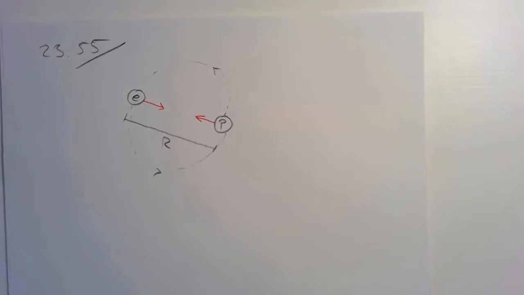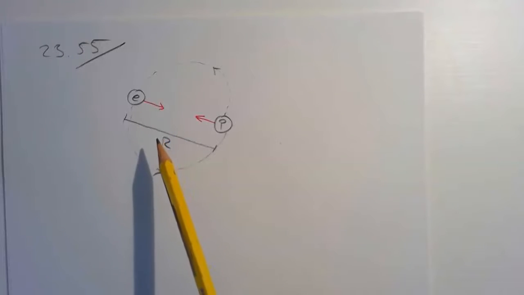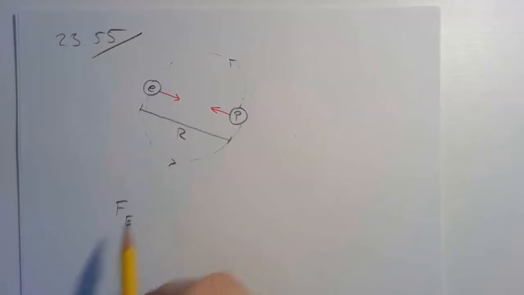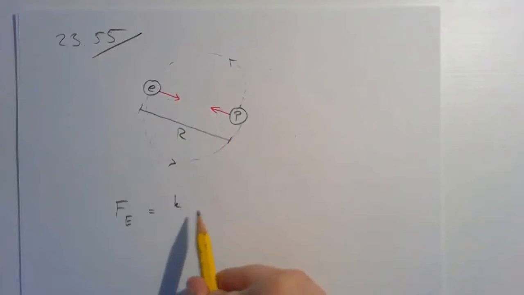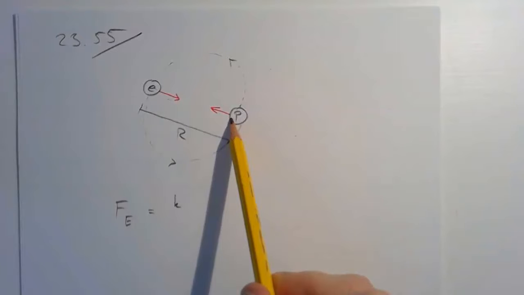So what's the physics here? Well, the thing that keeps them in a circle is the electrostatic attraction. It doesn't matter which one I'm picking here, the attractive force between them is going to be equal to k, charge of one times charge of the other.